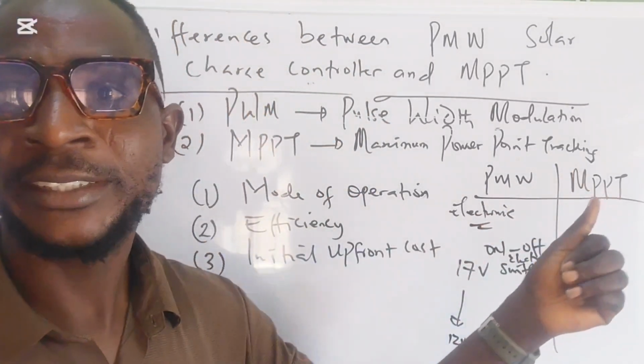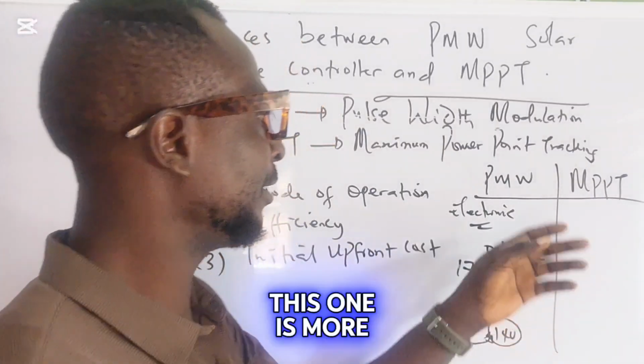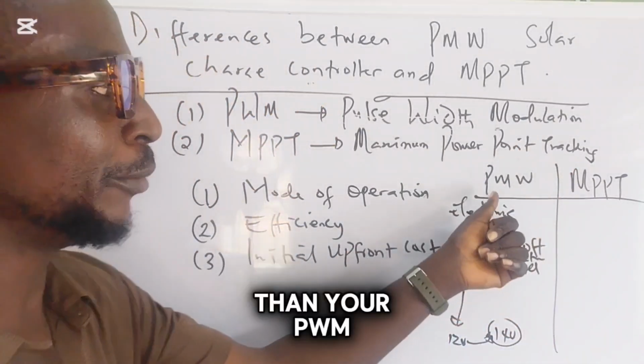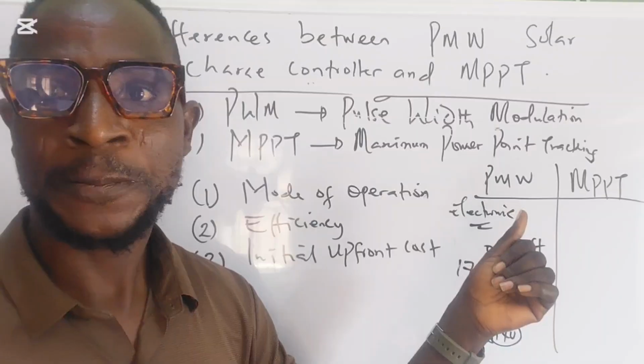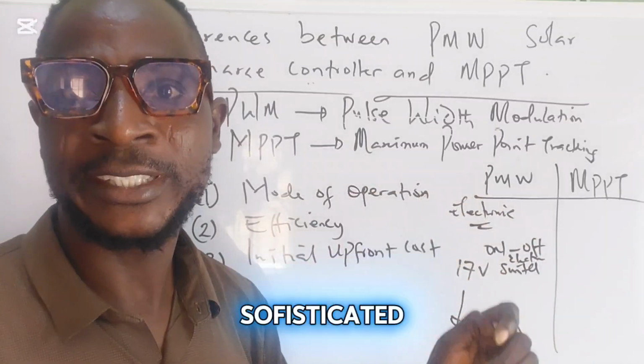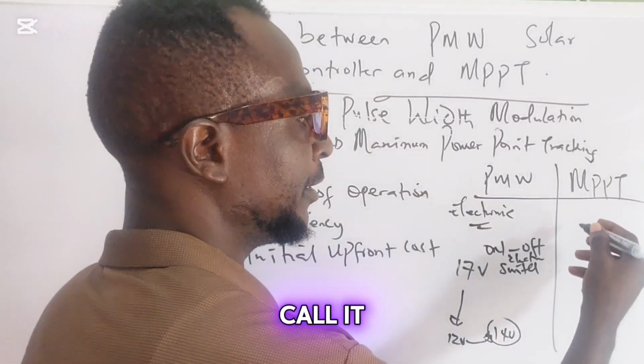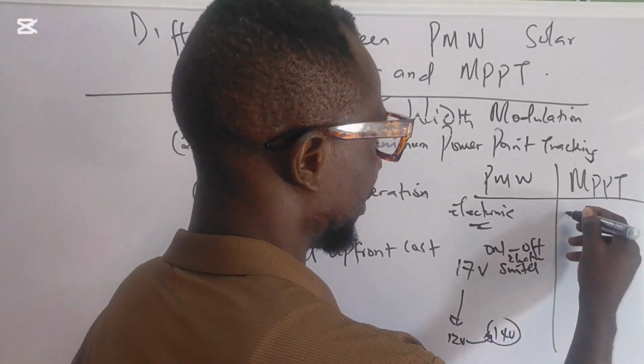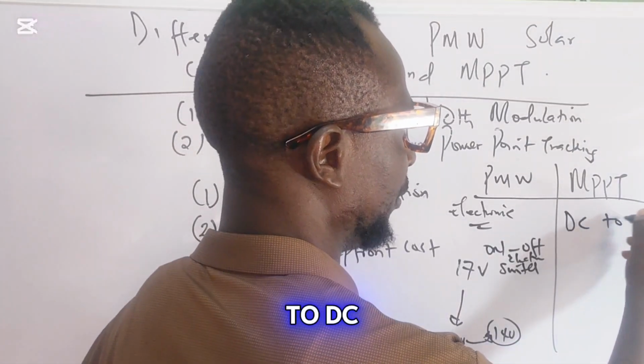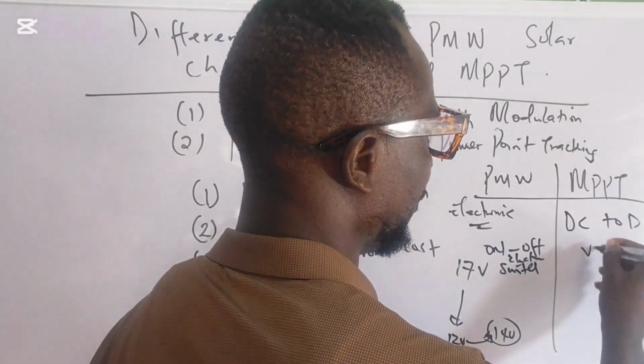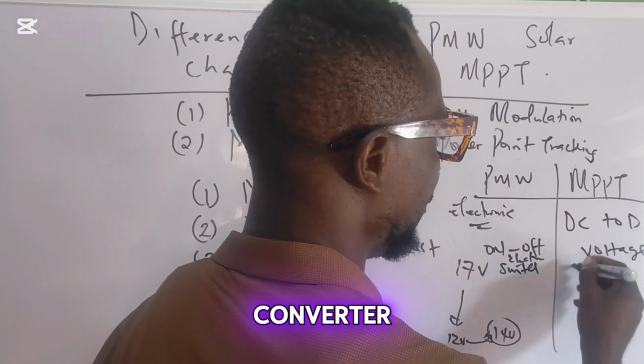The MPPT has an algorithm. This one is more sophisticated than your PWM. And we can also call it the DC to DC voltage converter.